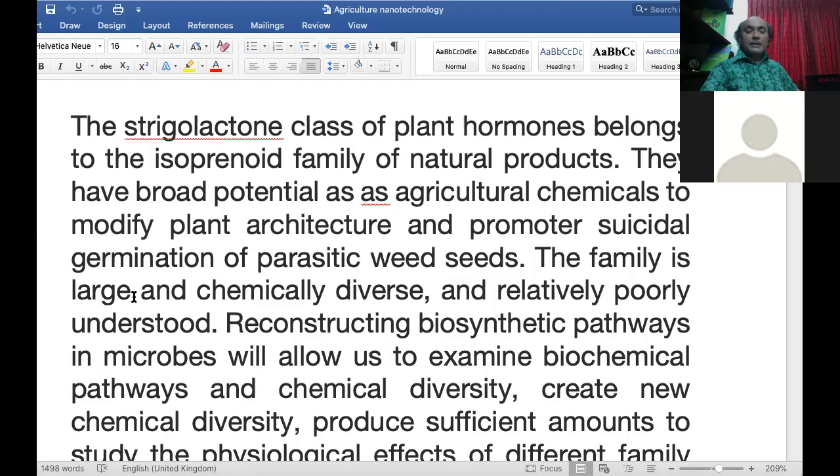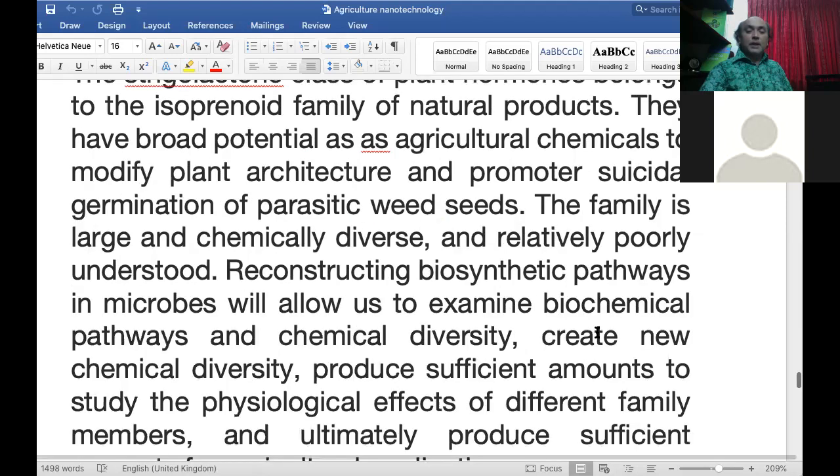The family is large and chemically diverse. That means striga is not a single chemical. There is huge chemical structural diversity, but our understanding is still poor.